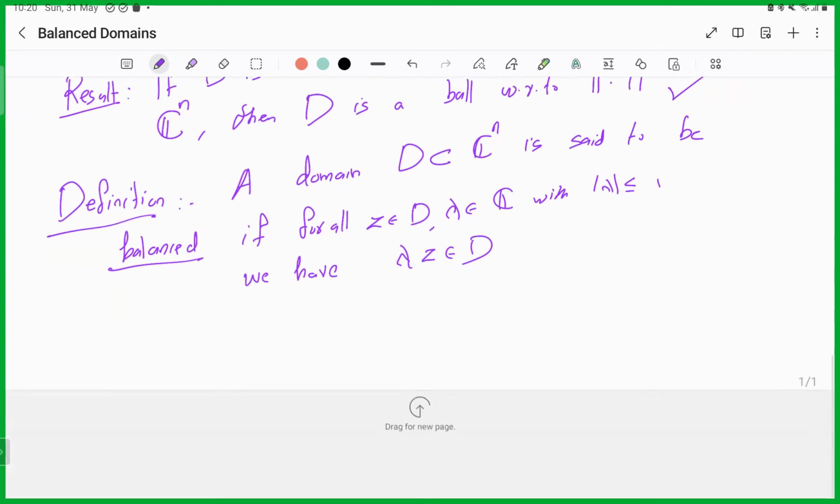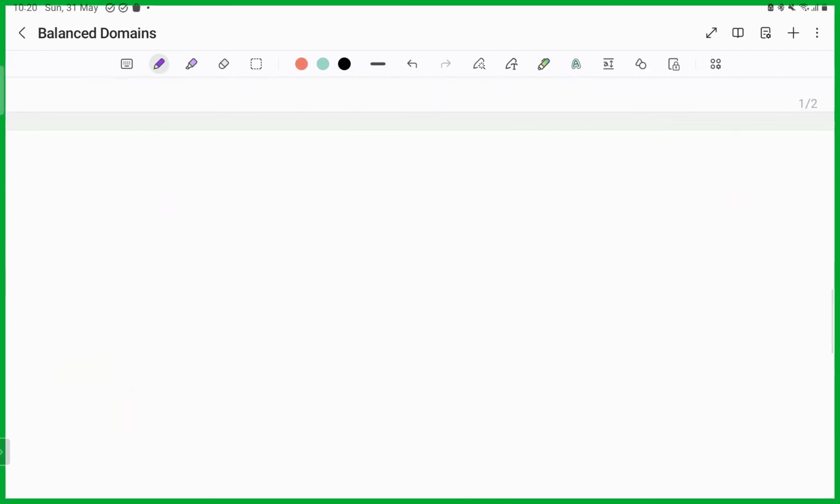I will draw a figure of what this geometrically means.